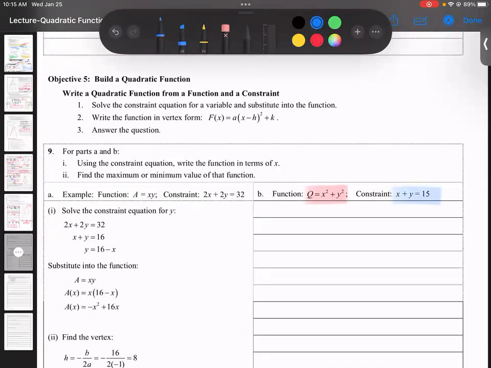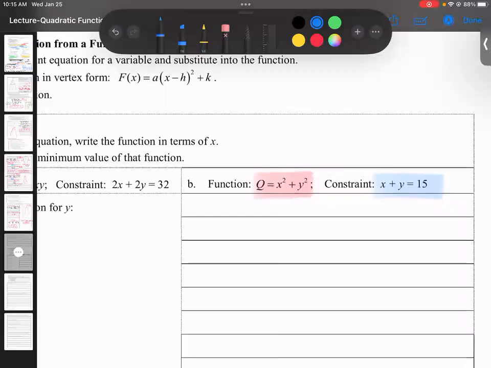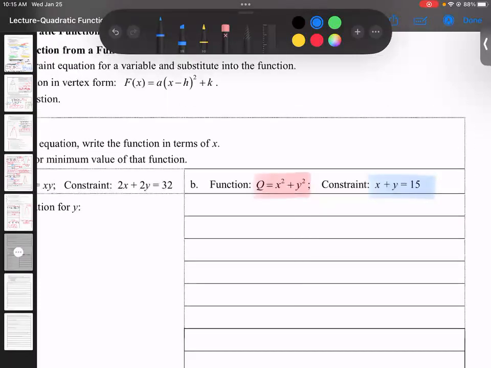The constraint is that, if I want to find the vertex now, this function has 2 variables, right? You don't know how to find the vertex from that, at least not in this class. So I convert it into 1 variable. How do I do that? Well, we're going to use the constraint. The constraint tells me that x plus y is equal to 15. I'm going to solve for y. You can solve for x if you like, as long as you plug in.